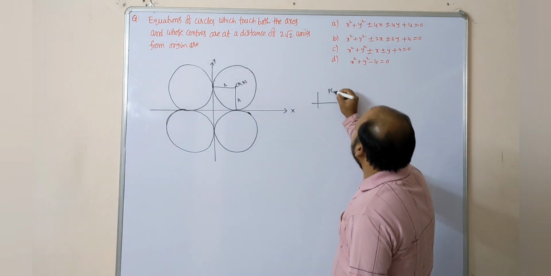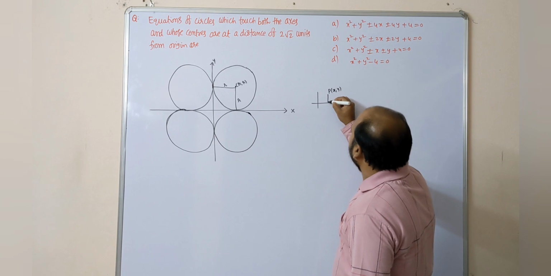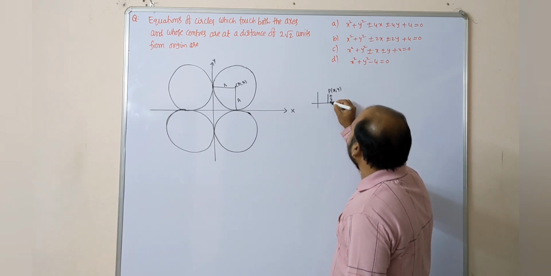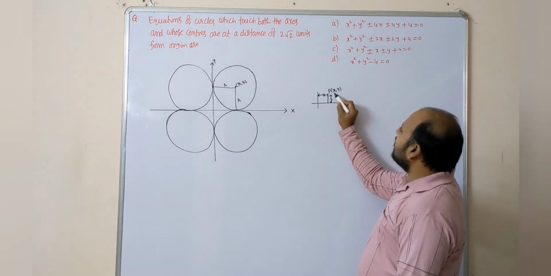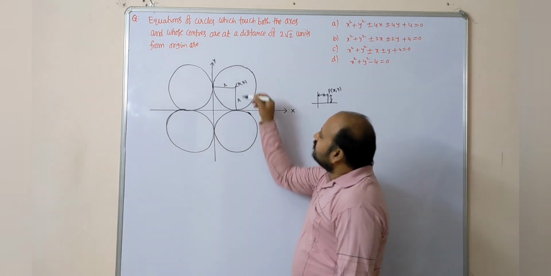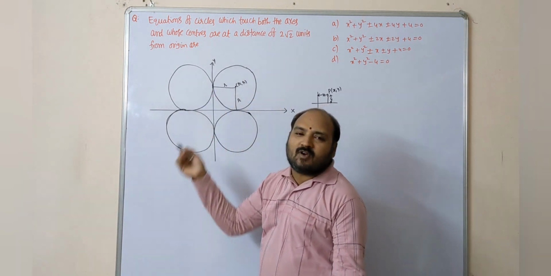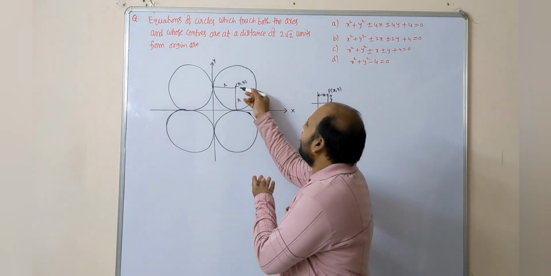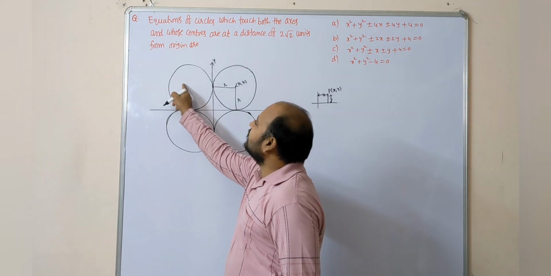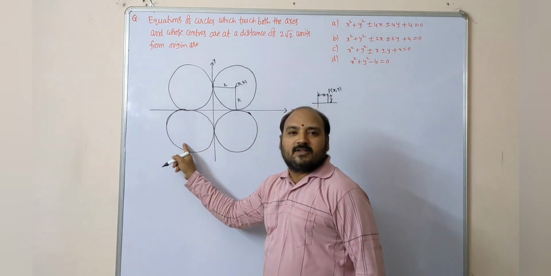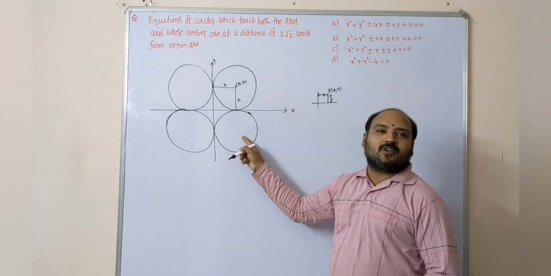If the point P is x comma y, from here to here distance is equal to y units, from here to here distance is x units. That is the reason we write the point x comma y. So here radius is r, here also radius is r. First coordinate both are positive. Second coordinate, this one is minus r, plus r, minus r, minus r, plus r, minus r.